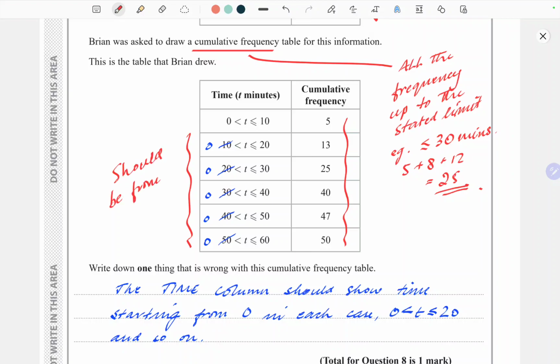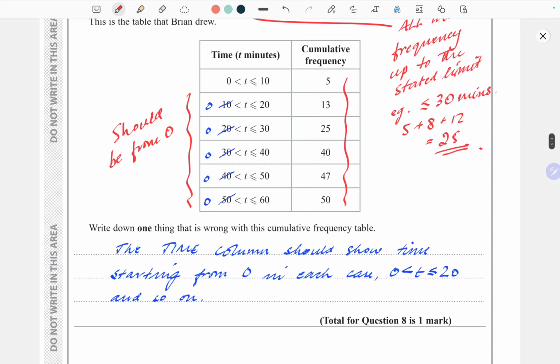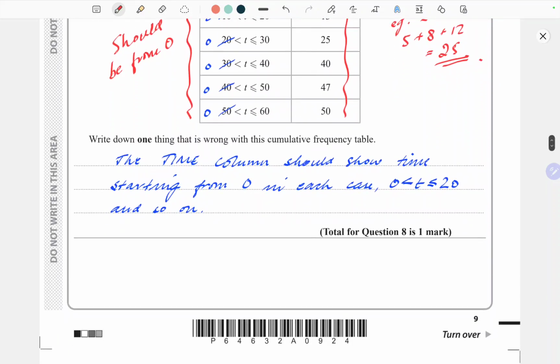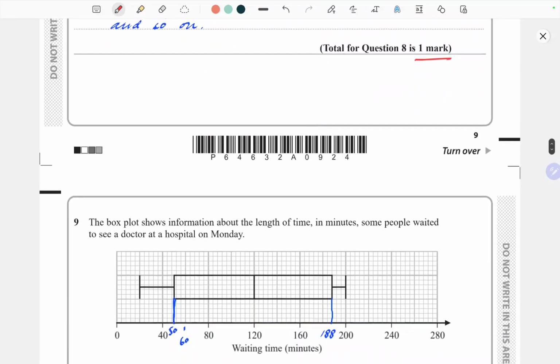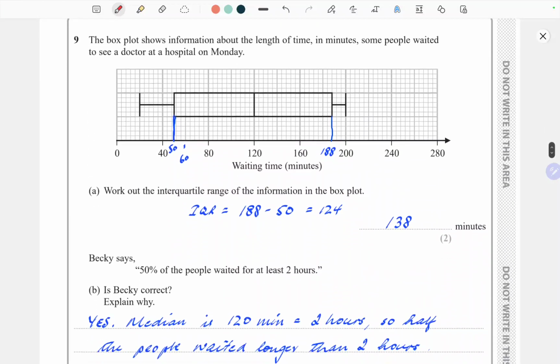That's exactly what we've written. The time column should show time starting from 0 in each case, for example, 0 to 20, and so on. That's all you need to write. It's only 1 mark, no need to overwork it, but it's worth understanding the principle of a cumulative frequency chart.